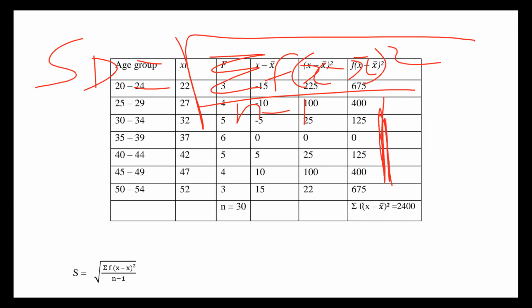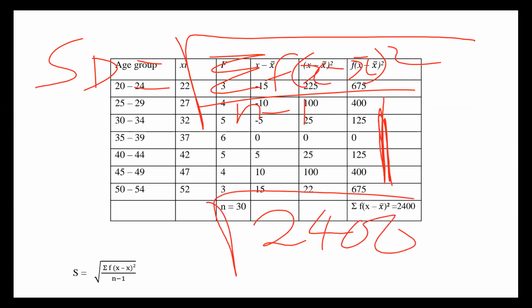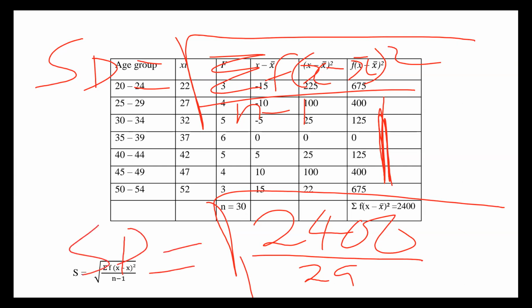Assuming that when you sum, you find 2,400 on top, you divide by n minus 1. Our n is 30, the total sum of the frequency, minus 1, that will be 29. Then you square root the answer. So say 2,400 divided by 29, then the square root of that answer is called the standard deviation of the grouped data. That is for the grouped data now, not ungrouped data.